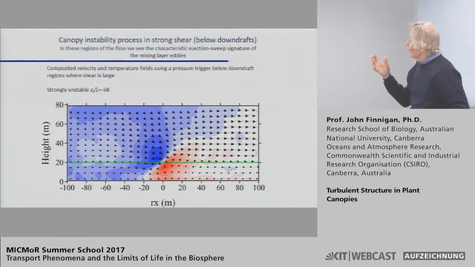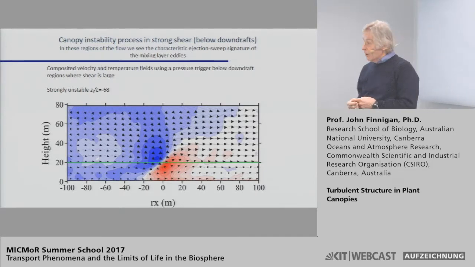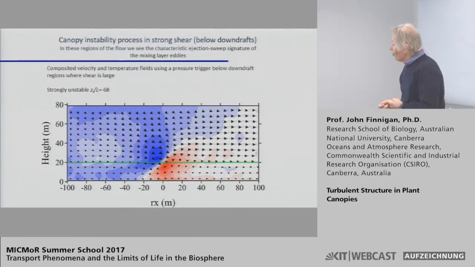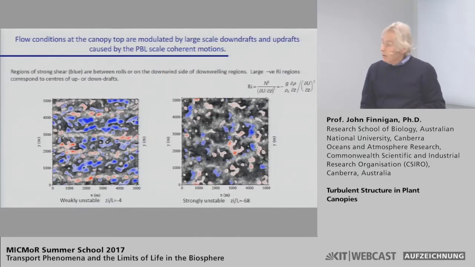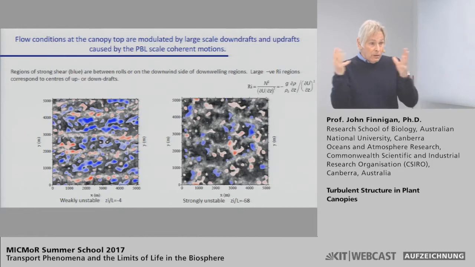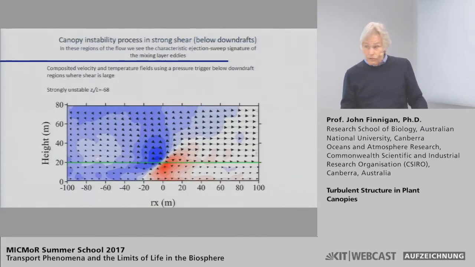Now, if we look in the strong shear regions, below downdrafts in the strongly unstable case, in these patches, where the whole boundary layer motion is dominated by strongly unstable motions, nevertheless at canopy top scale, there are regions of strong shear.